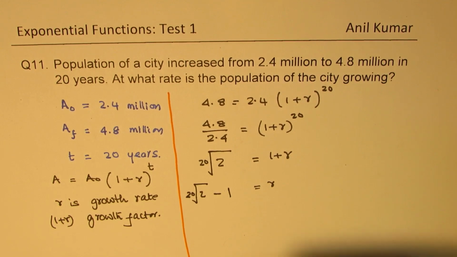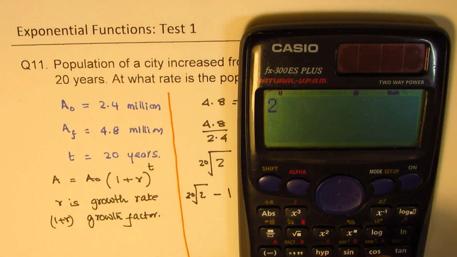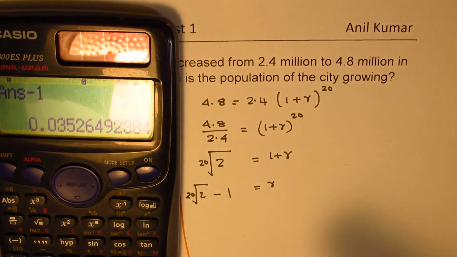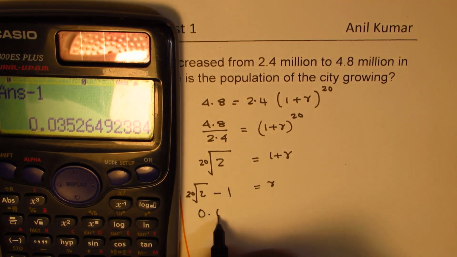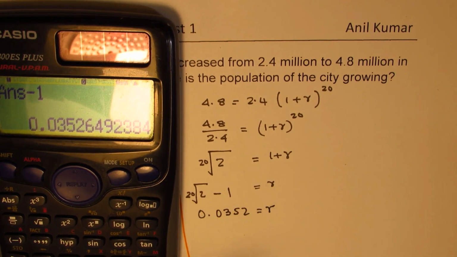So let's do this. We have 2 to the power of 1 by 20, I can write, correct? And then from there we'll take away 1. So we get 0.0352 equals R, right?